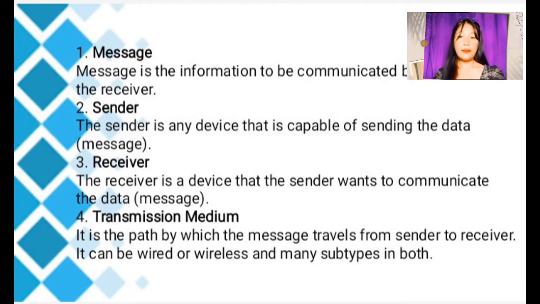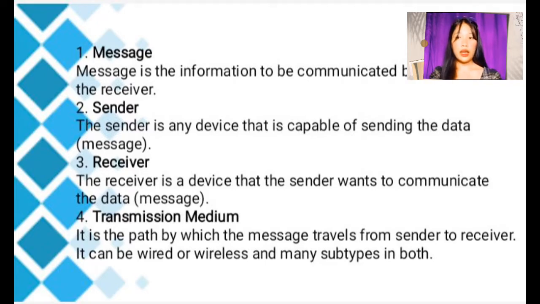There are 5 components of data communication. Number 1, message. Message is the information to be communicated by the sender to the receiver. Ang message, ito yung information kung paano po magko-communicate mula sa sender hanggang sa receiver. Number 2, sender.